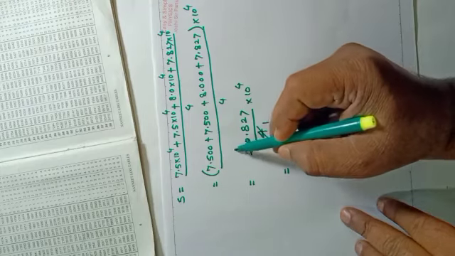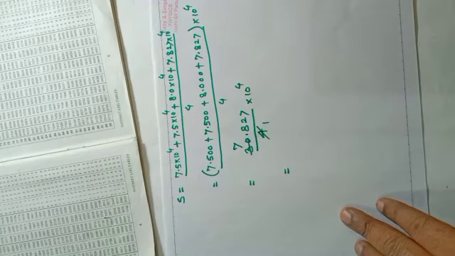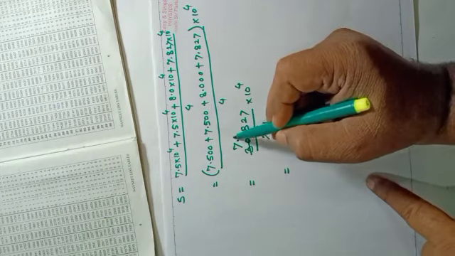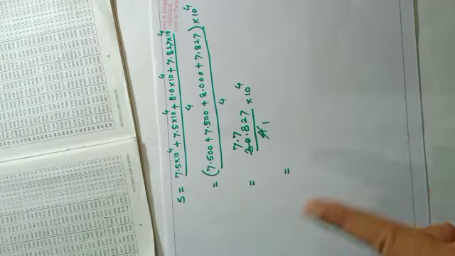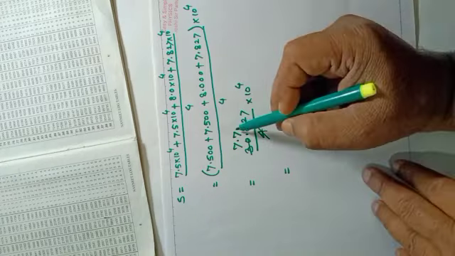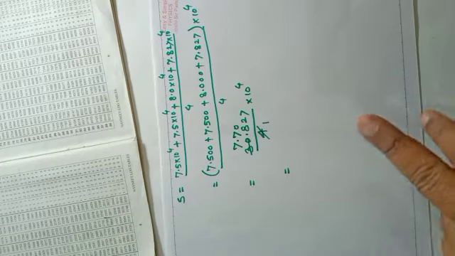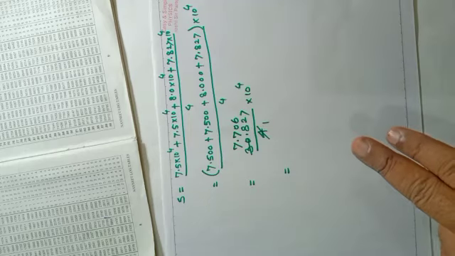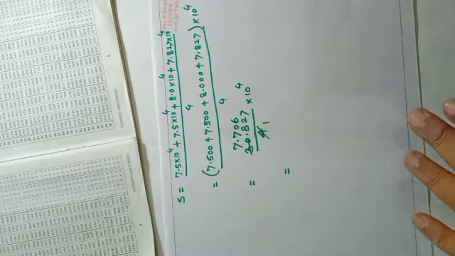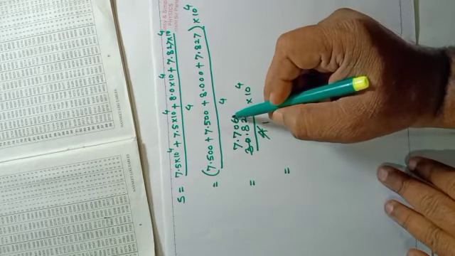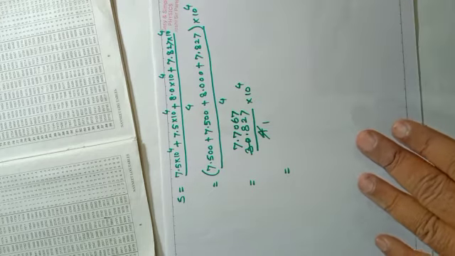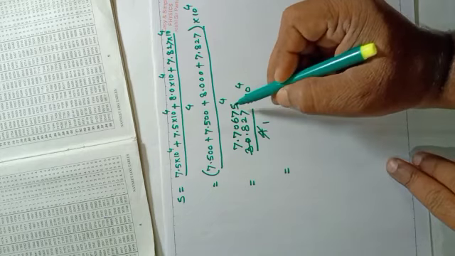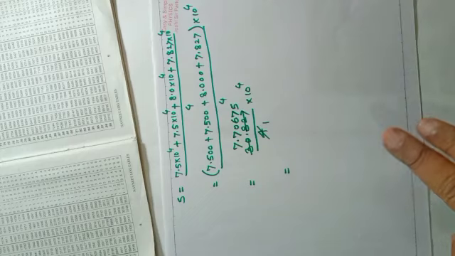4 7 the 28, 2 is remaining, point 28 is there, 7 4 7 the 28, so 2 is remaining, 0 becomes 27, 4 6 the 24, 3 is remaining, becomes 30, and 4 7 the 28, 2 is remaining, becomes 20, and so that 4 5 the 20.